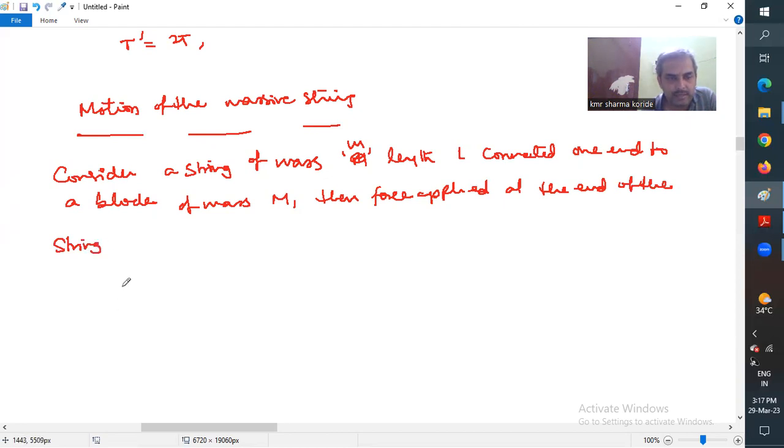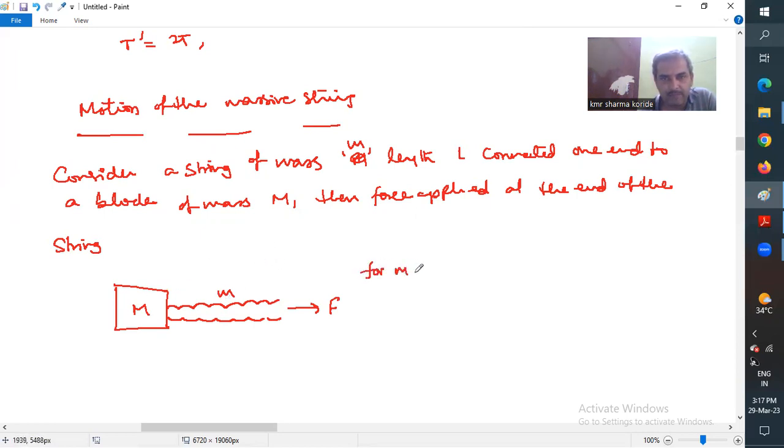So you can understand the diagram like this. This is the block of mass small m. This is going to be the string, of mass capital M, and the force is applied here. Now for the free body diagram, for m, force favors, tension opposes.